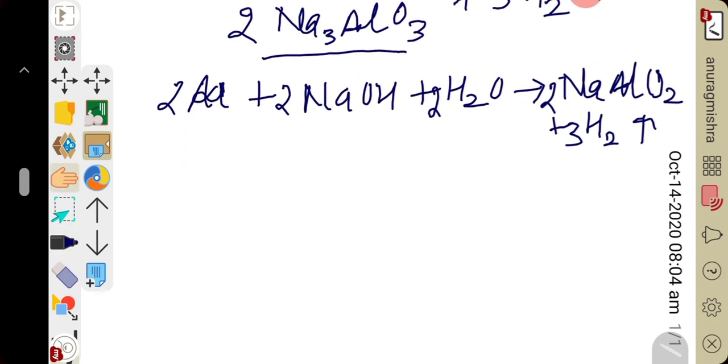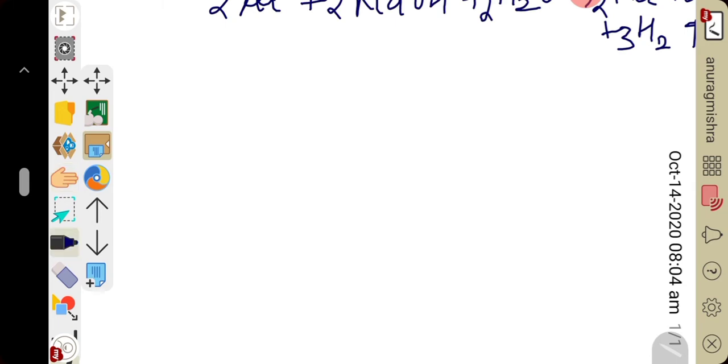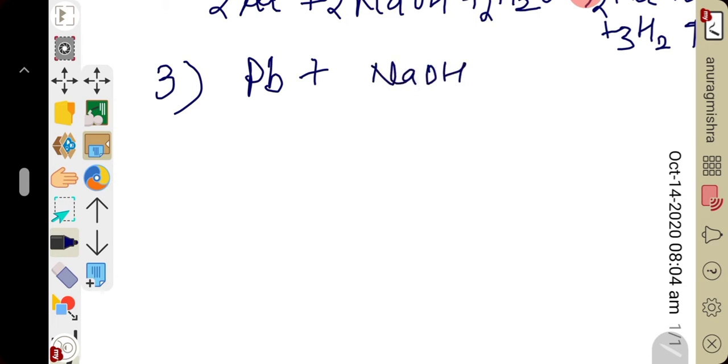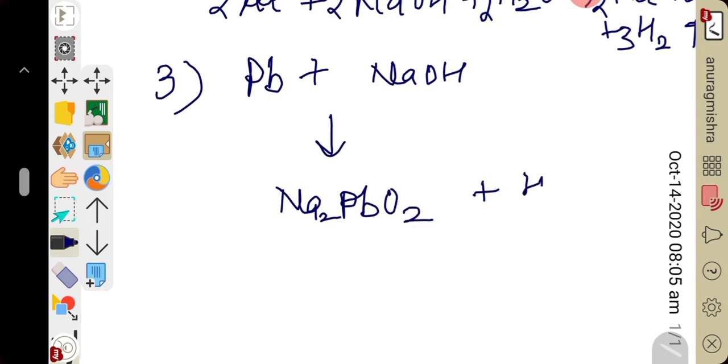Next one is the reaction of lead, Pb. Lead undergoes reaction with alkali to form plumbite. Lead plus concentrated solution of sodium hydroxide produces Na2PbO2, sodium plumbite, and hydrogen gas liberates.